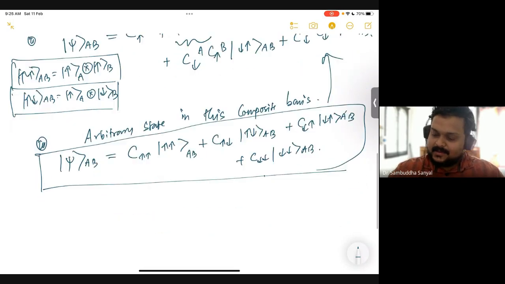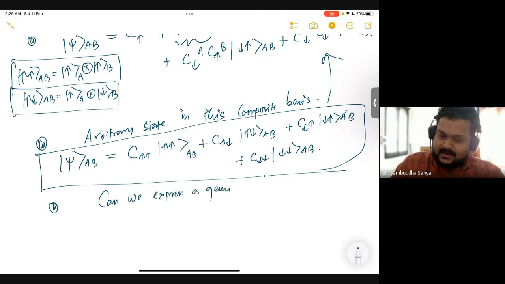So the question we want to ask: can we express a generic psi AB in the product form of AB subsystems?